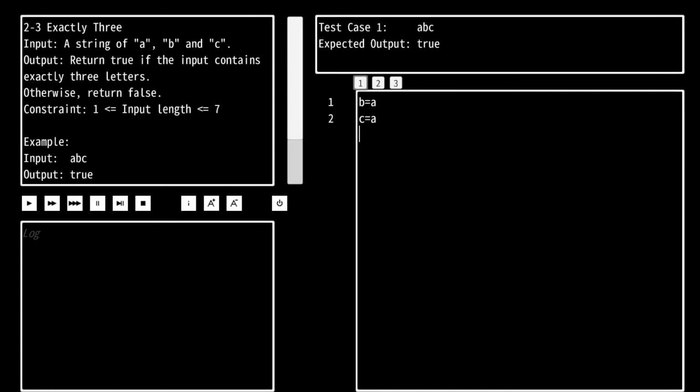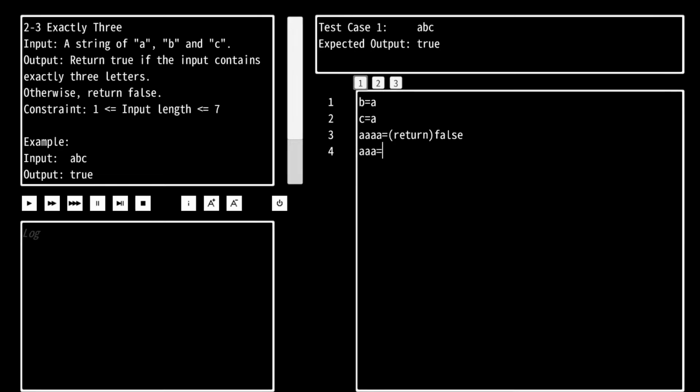Yeah, if you just turn everything into A, then it's so much easier, right? And then we can say if there's 4 A's or more, we should return false, right?